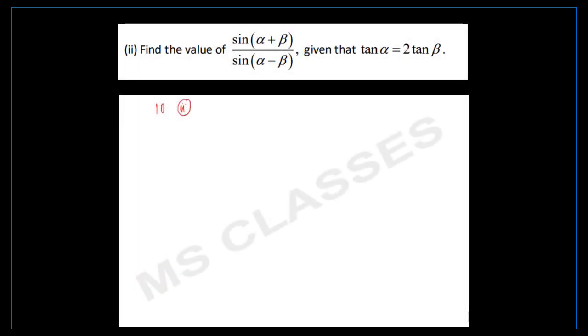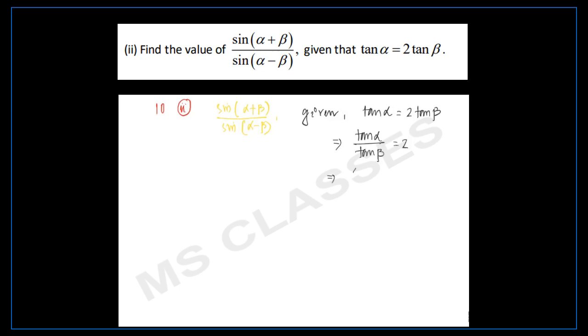Two. We have to find the value of sine(alpha plus beta) by sine(alpha minus beta), given tan alpha equal to twice tan beta, which can be written as tan alpha by tan beta equal to 2.